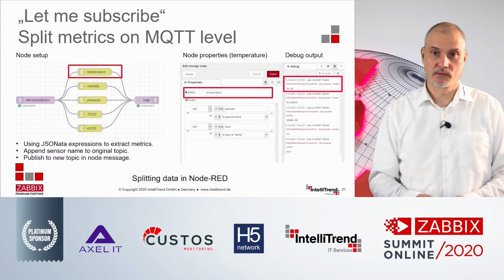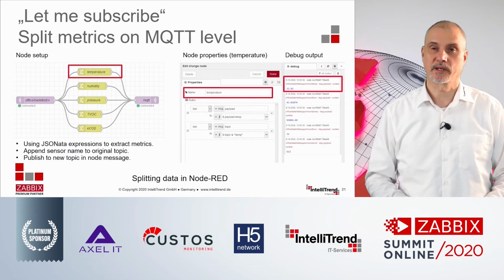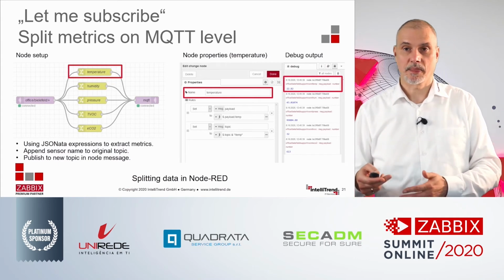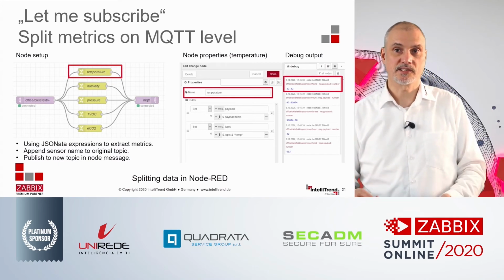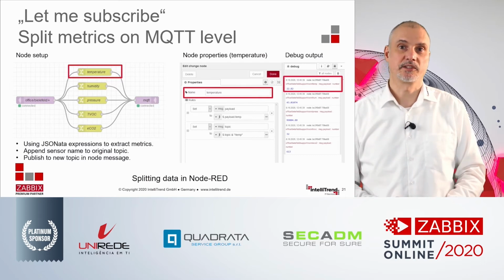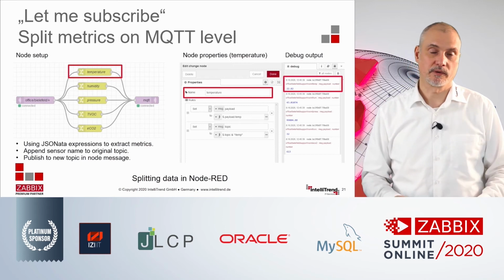In this case, we take the original topic and just append /temp to it to create the new topic name. On the right-hand side of the slide, you see in the debug node that we just get a new value, just one single value for this particular new temperature topic. So that is how we can split the data in Node-RED, for example.